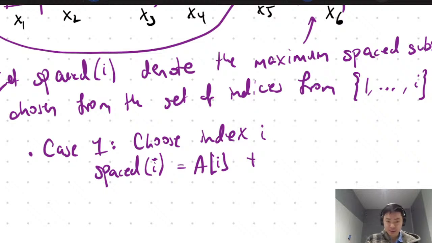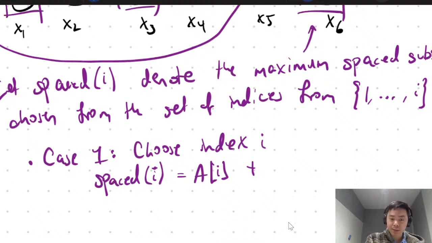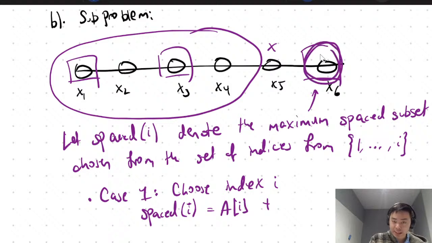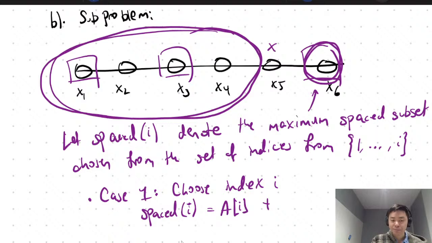It might help to think about the problem a bit recursively. So I've chosen this index. If I want to append this index to something else, then it has to be whatever the maximum space subset is among all of the possible indices that I could choose from. And it's exactly equal to this set here. So what would my recurrence look like?